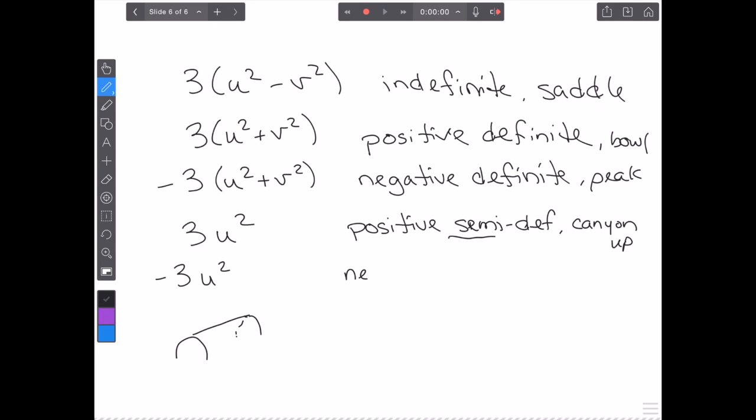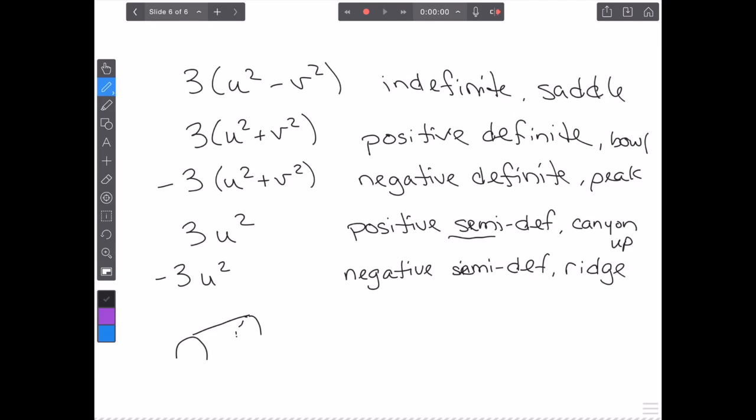This particular form we call negative semi-definite. So that's a ridge-like function. And basically, for quadratic functions, these are the only options you have: one of these 5 types of functions.